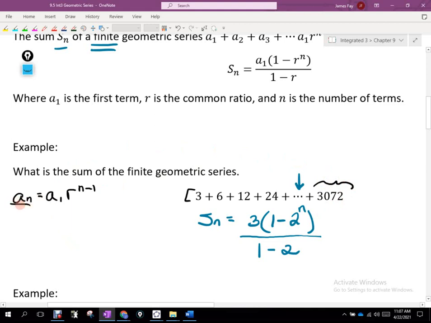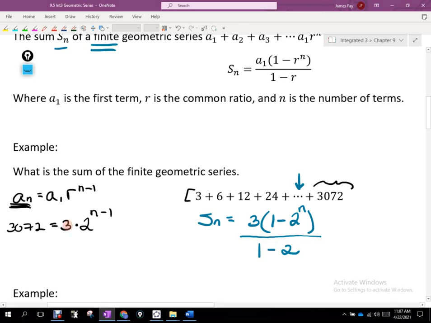So that's what this says here: a sub n is 3072. 3 is your first term. r, we said, was 2. Raise that to the n minus 1. Now we have an equation we can solve for n.